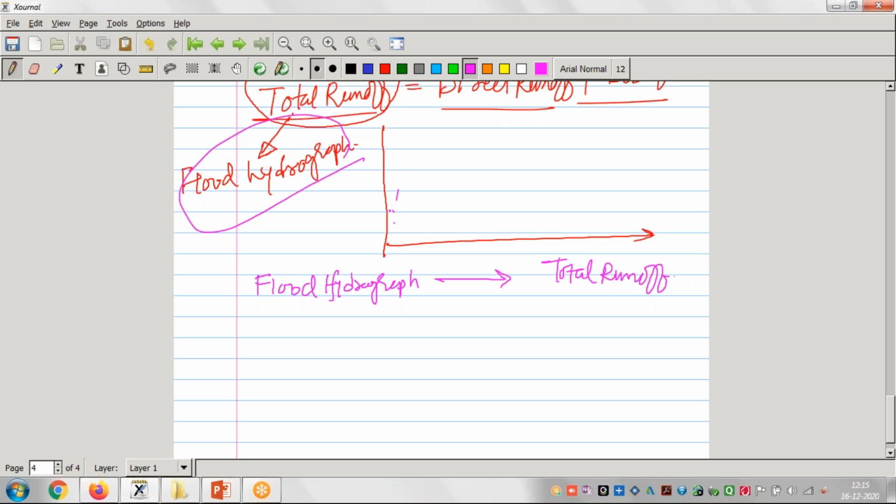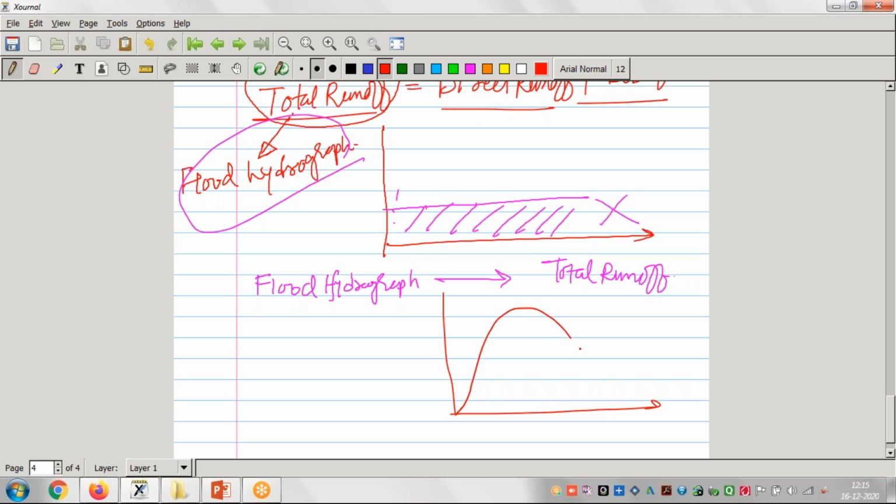Now, if I deduct this base flow, if I do not draw this base flow diagram and directly draw only this hydrograph from 0 to here like this, from here it is 0.